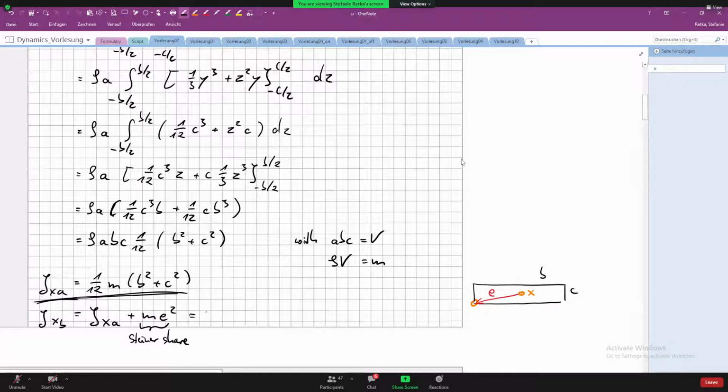Then this is 1/12 m times b squared plus c squared, and e squared is b over 2 squared plus c over 2 squared.